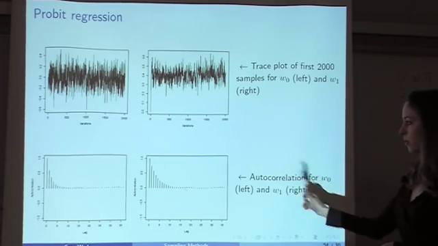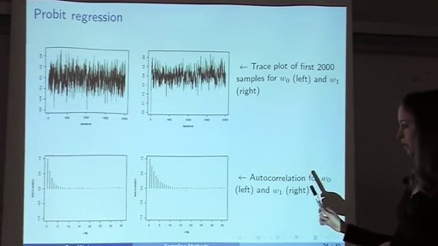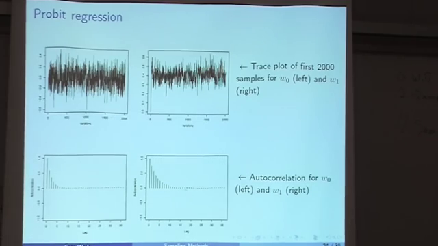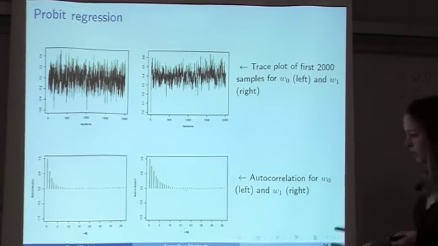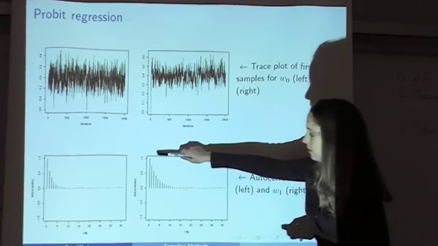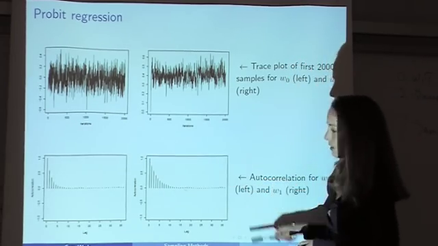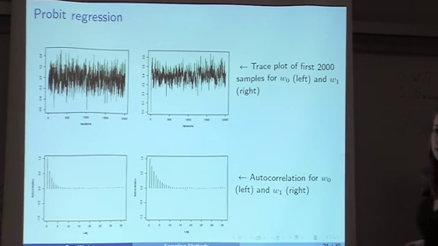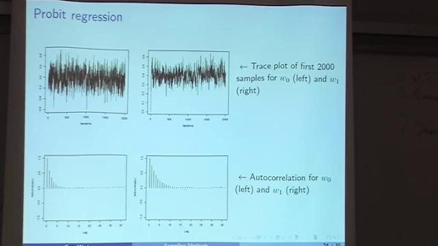Here's the autocorrelation plot. This estimates the correlation between xt and xt plus k for different values of the lag. We'd like something that drops off pretty quickly. Here we see that there's some dependency in our chain, but it's not too bad.